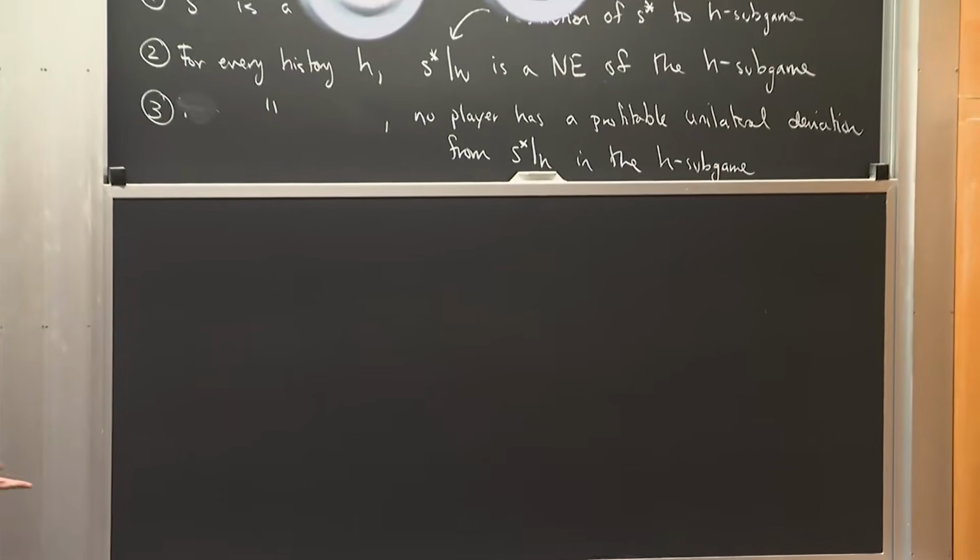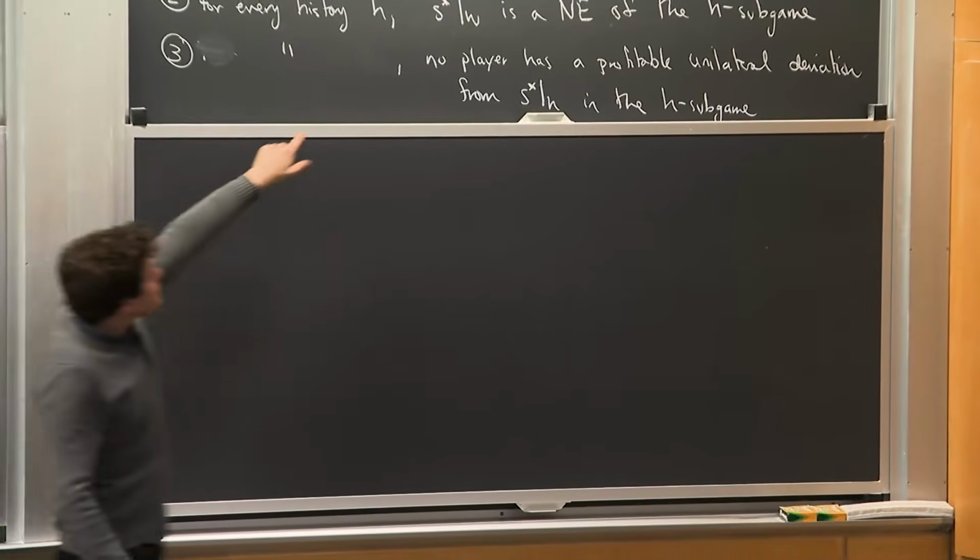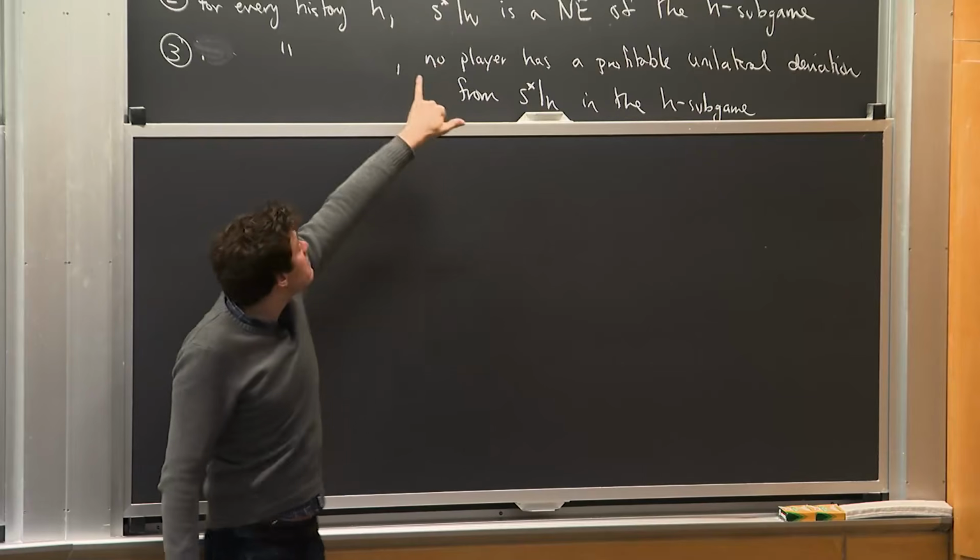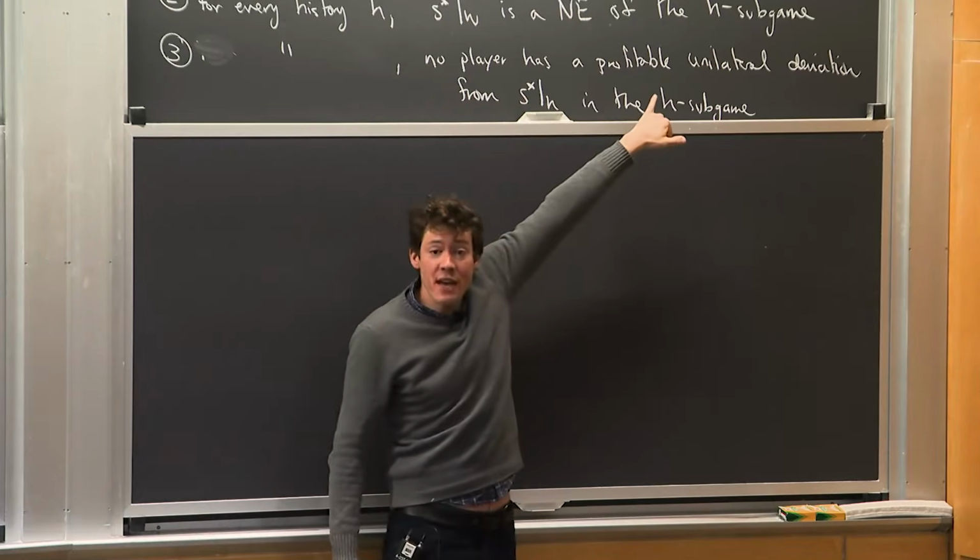So here I still haven't really done anything. I've just written out the definition of Nash equilibrium. What does it mean for S star H to be a Nash equilibrium of the H subgame?